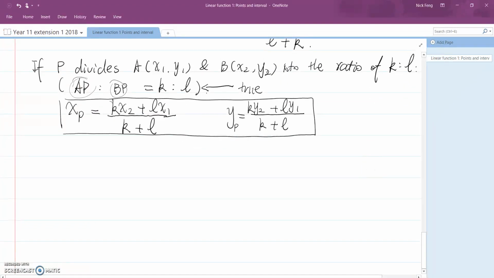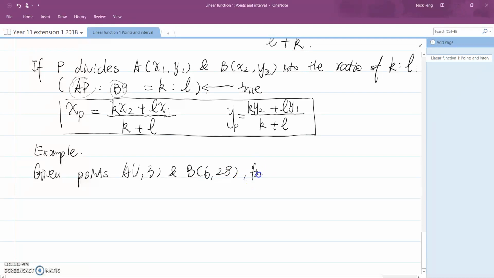The very first thing, let's do an easy example first. Let's say we are given points A(1, 3) and B(6, 28).